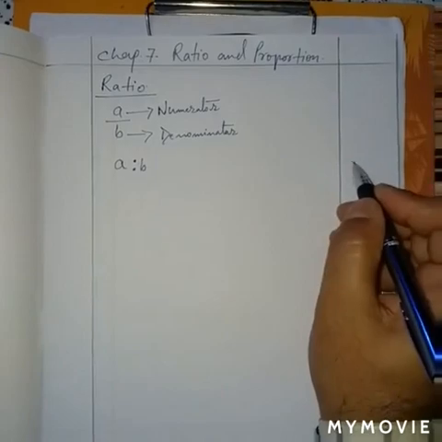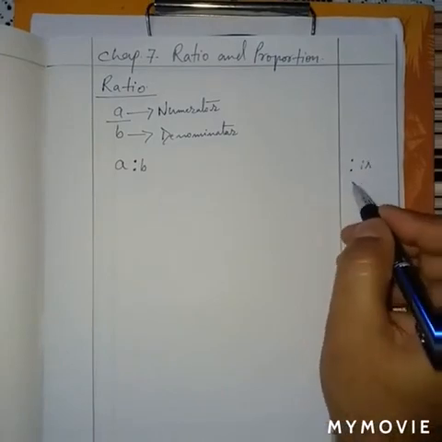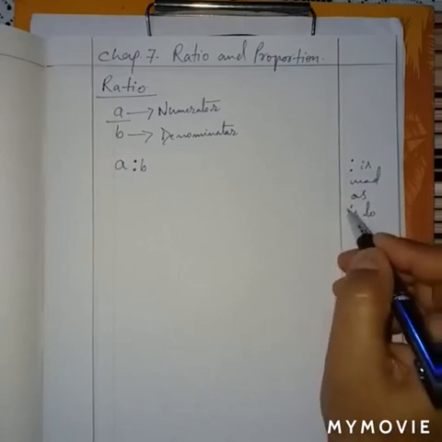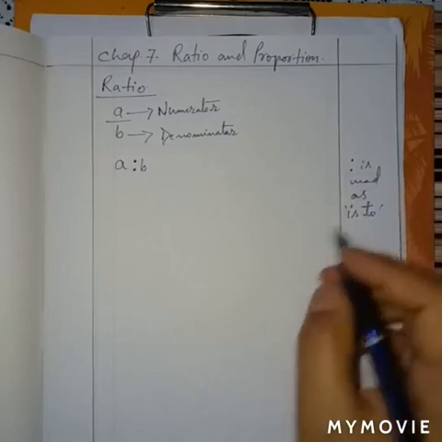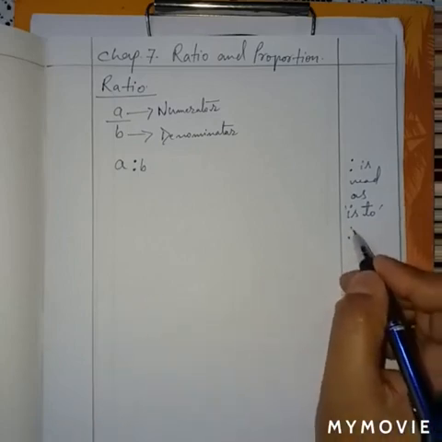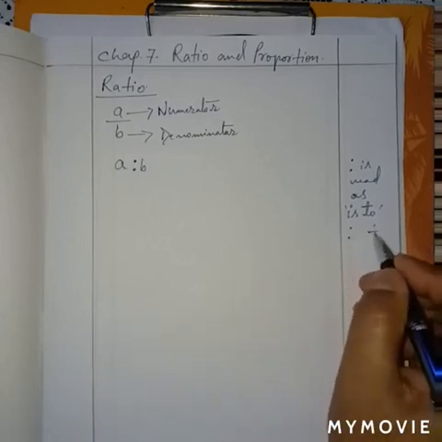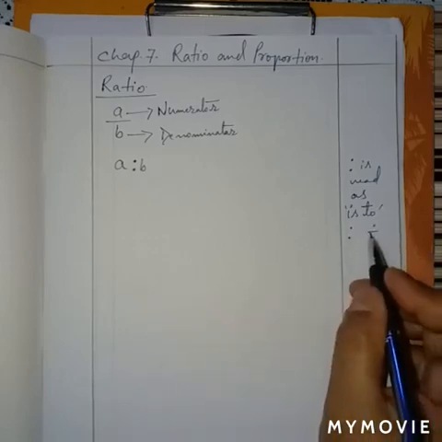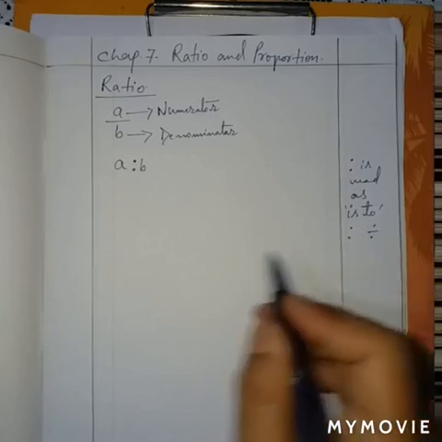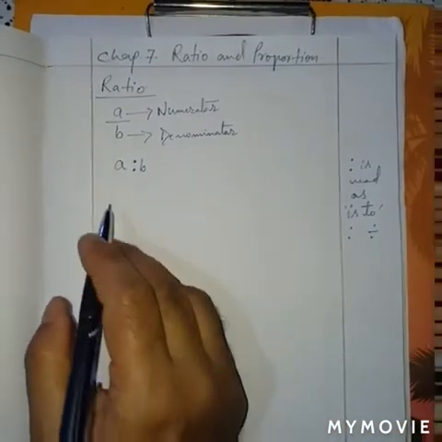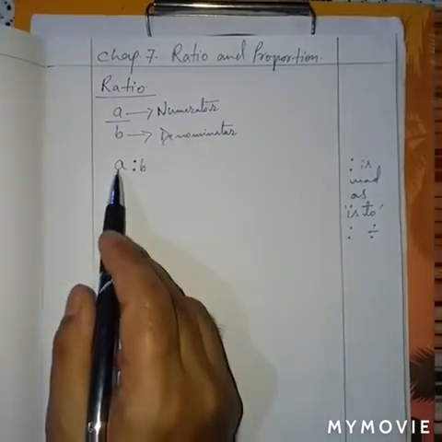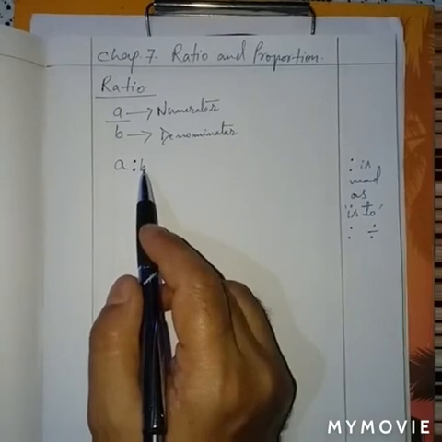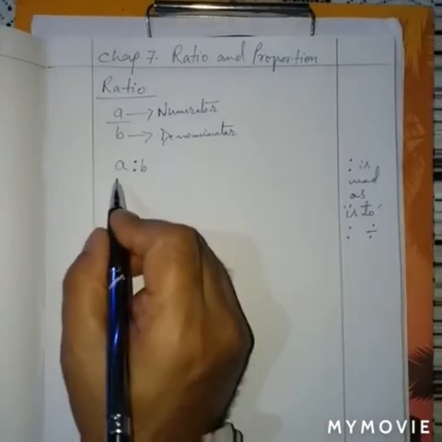This symbol, this colon, is read as "is to". This "is to" is the same as the division sign. Here we are just taking out the middle part of the division sign and writing these two dots. The numerator is the first part of the ratio and the denominator is the second part.